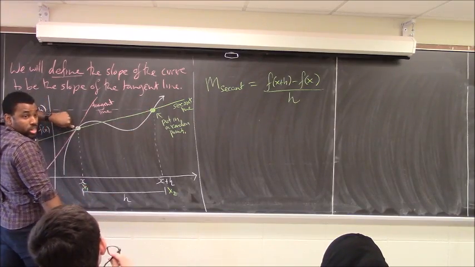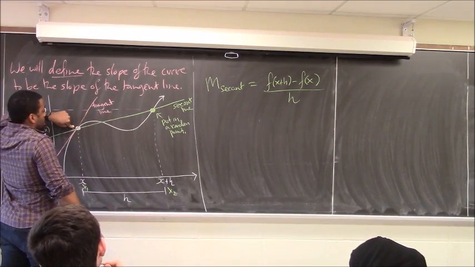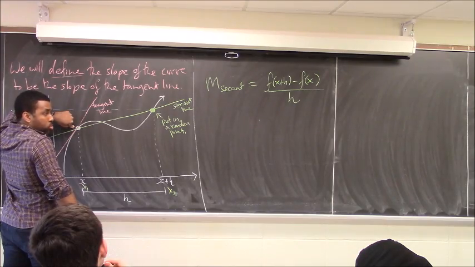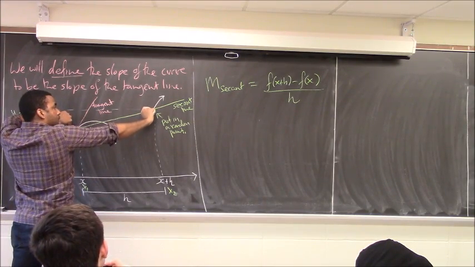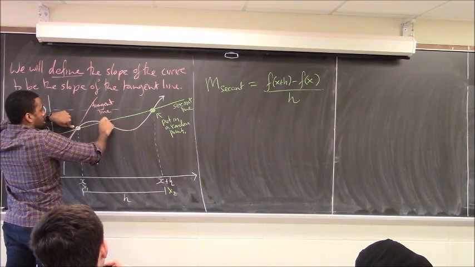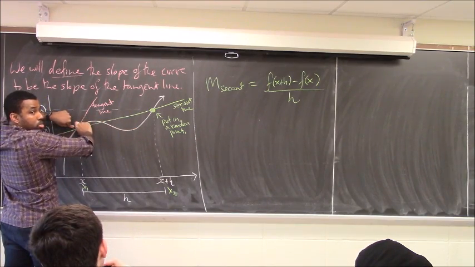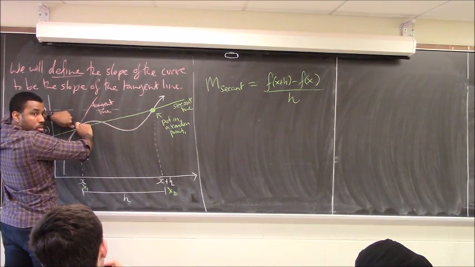So now what we're going to do is take that point. I want a line over here, but I only have 1 point. I need 2 points to draw a line. So the idea is take this point and move it to be right beside this point.